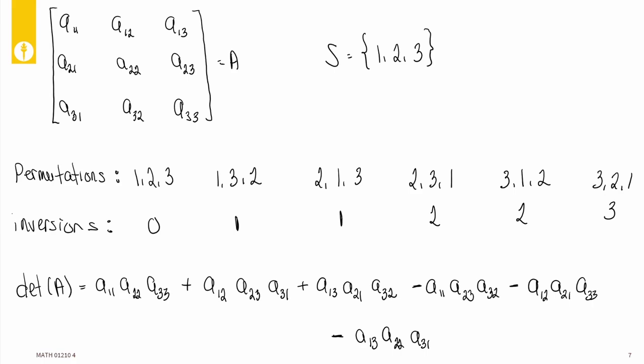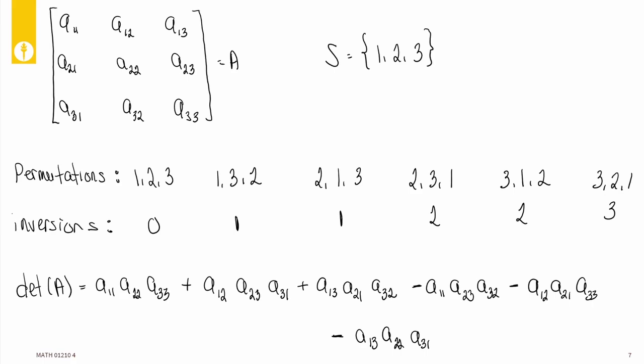Do you think you can do something similar for 4 by 4? Well, you can definitely do the permutations. Unfortunately, how many permutations are there? 24. Screw that. I'm not doing that by hand.